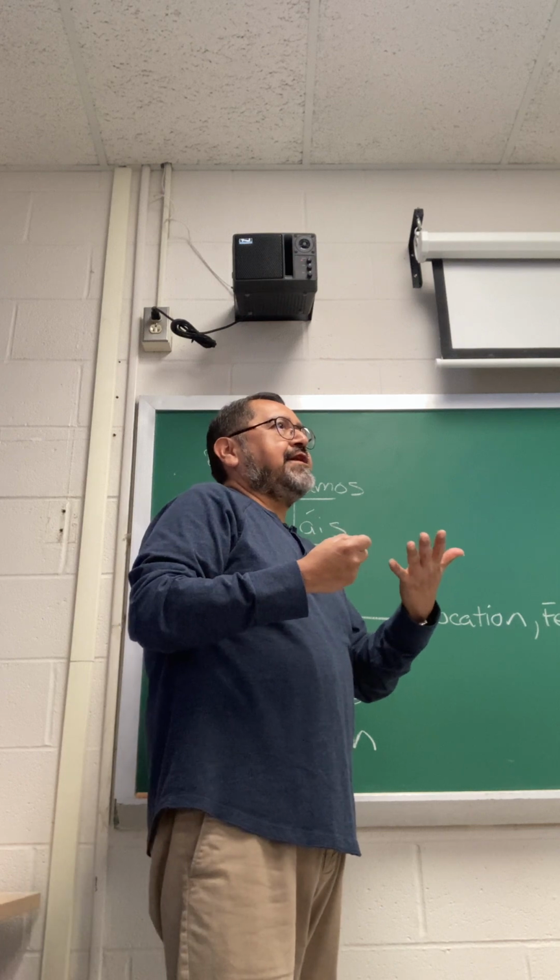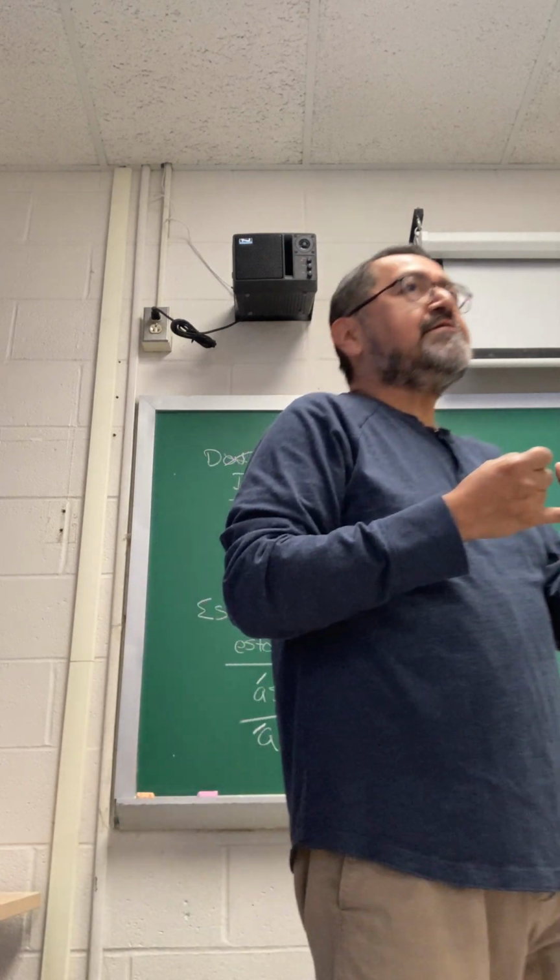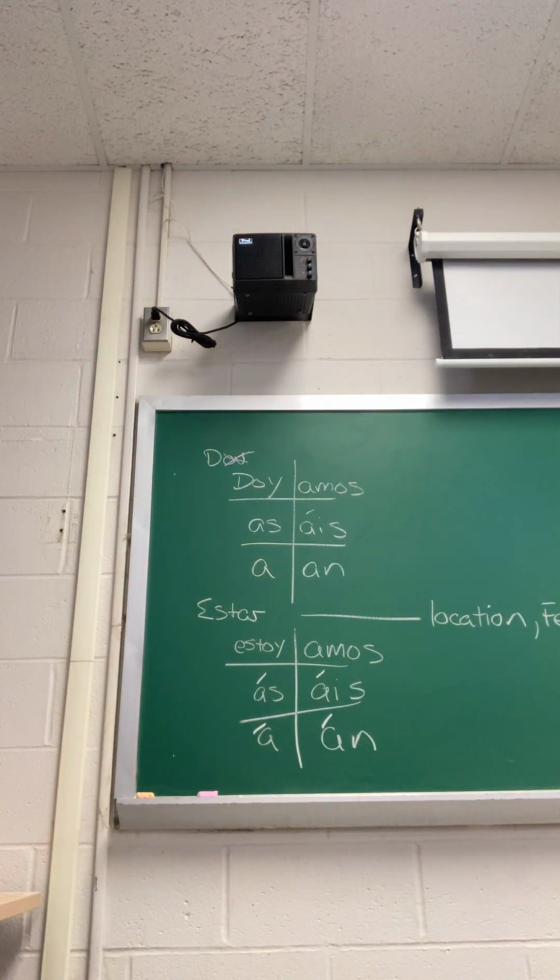Remember with ser, we use it to describe people, okay? Lexi es rubia, Lexi is blonde. Shuya es alto, Shuya is tall. We use it to give the day, hoy es martes.